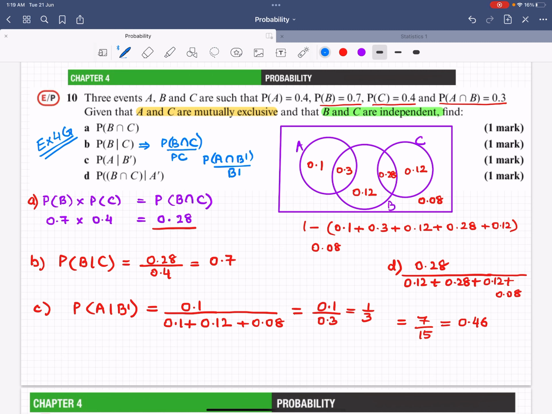And for part D, it will be probability of B intersection C intersection A complement divided by A complement, which leads us to the same result as we have.